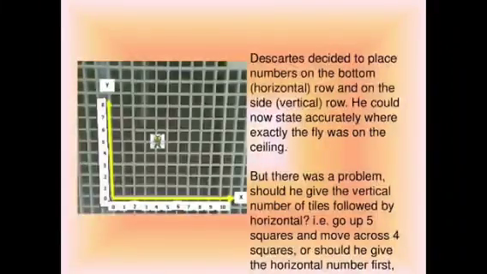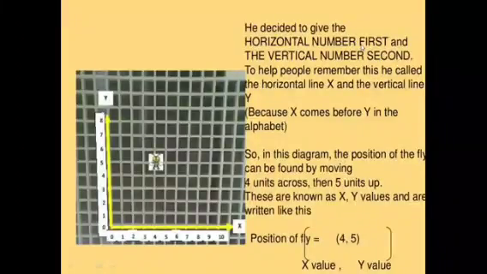That is, should he describe the location of the fly by saying go up by 5 squares and then move across 4 squares? Or should he give the horizontal number first? René Descartes finally decided to give the horizontal number first and the vertical number second.